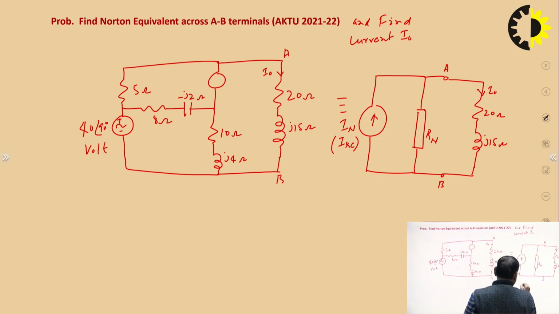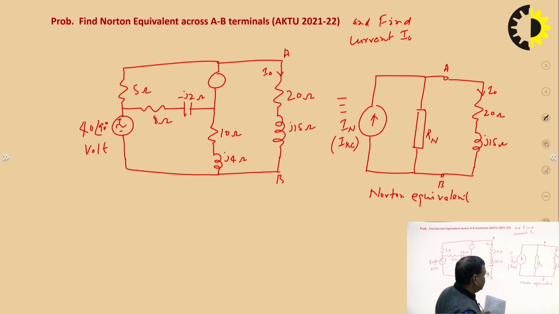So, this is called the Norton equivalent. It is dual to the Thevenin equivalent. So, in the Thevenin equivalent circuit, we have an open circuit voltage in series with an equivalent impedance, and here we have a short circuit current in parallel with an equivalent impedance or admittance, we can say.